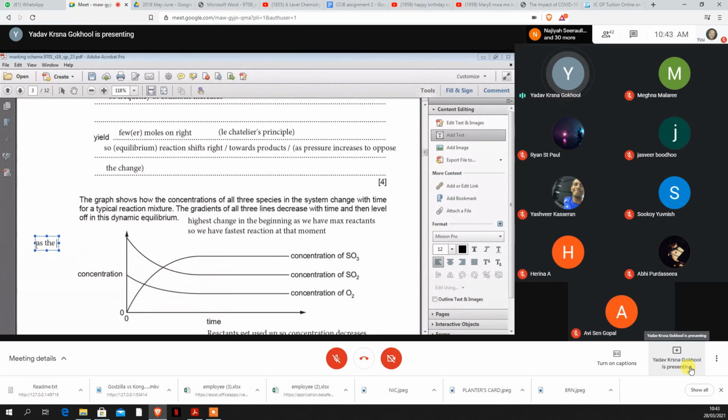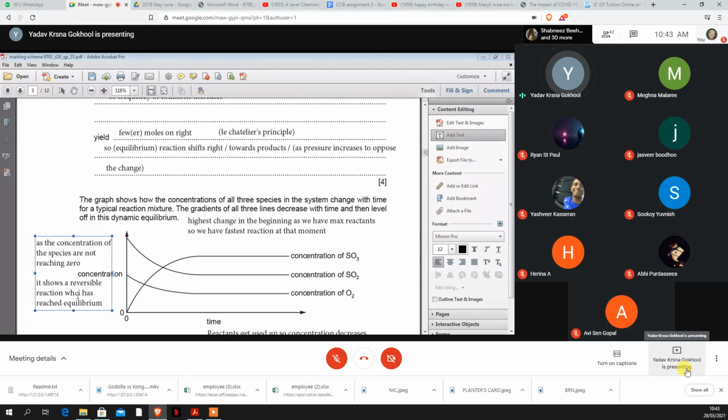As the concentration of the species are not reaching 0, it shows a reversible reaction which has reached equilibrium.